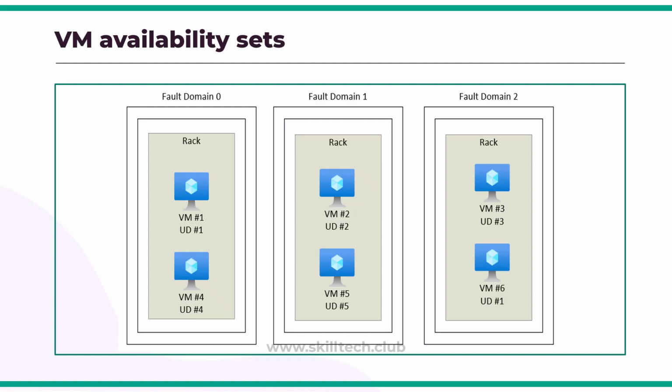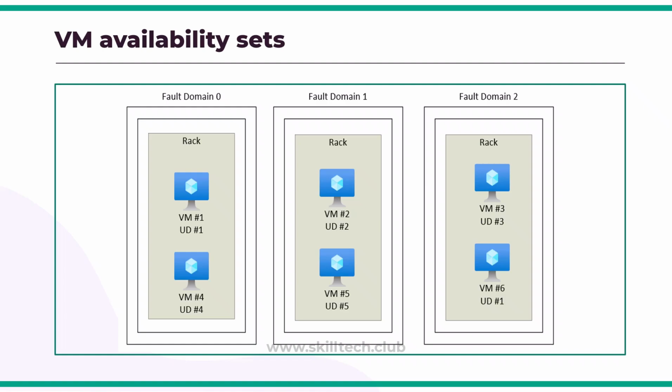Remember this, guys, a fault domain is a configuration of Microsoft Azure Cloud which makes sure that if any fault happens, like power failure, network failure, or maybe some disk failure, Azure has divided one data center into multiple fault domains, and the total number of fault domains is going to be 3 maximum.